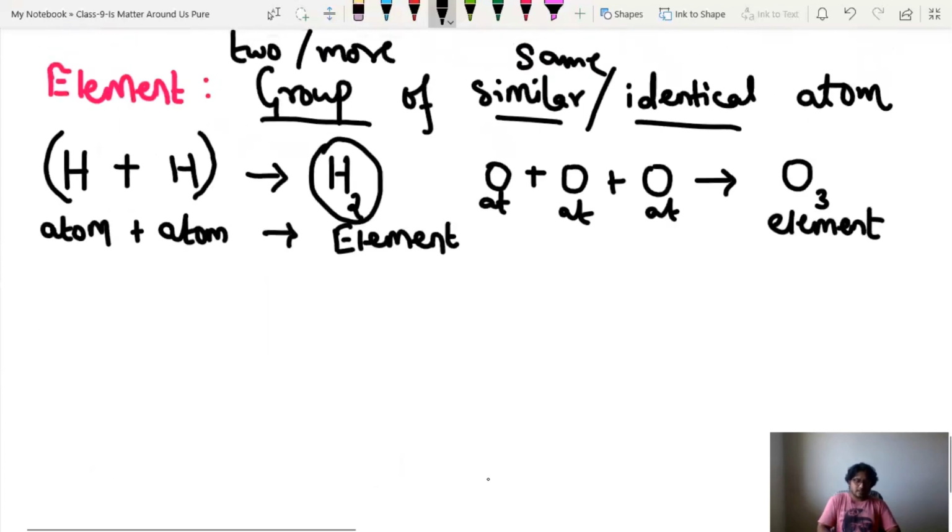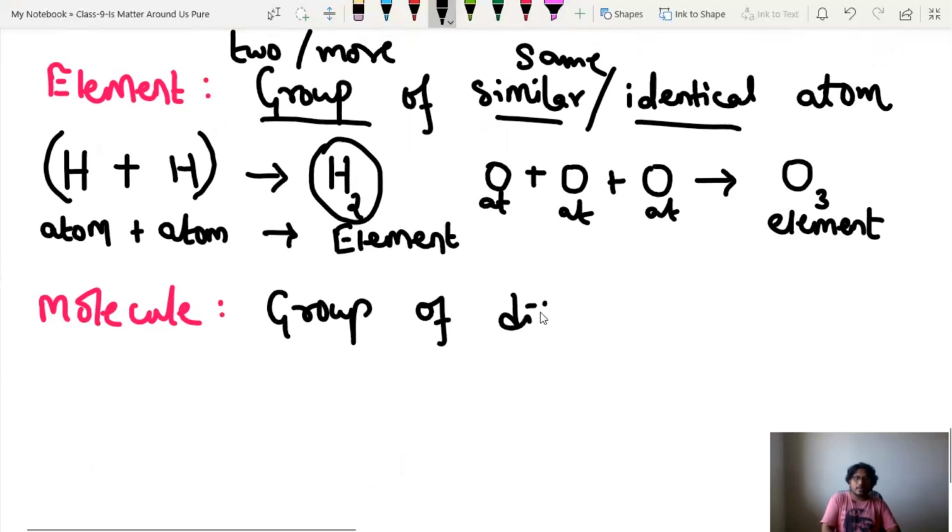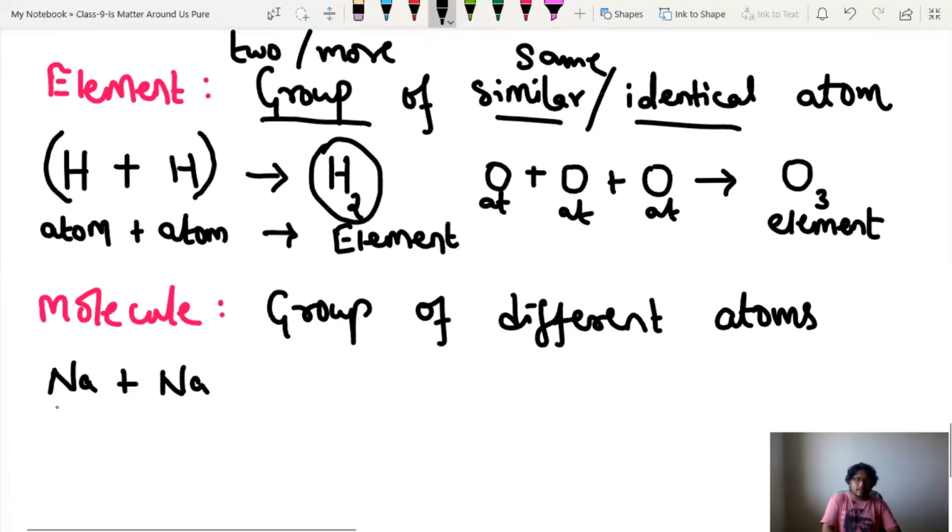Moving to another, molecule. What is the actual definition of molecule? Molecule is nothing but group of different atoms known as molecule. Example, if you consider sodium plus sodium, here sodium is one atom, this sodium is same identical atom.